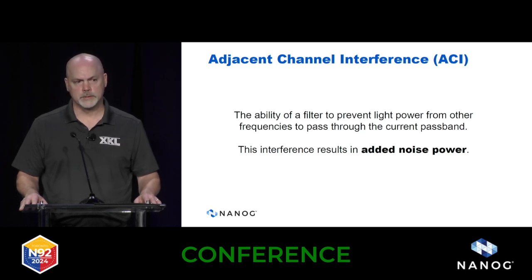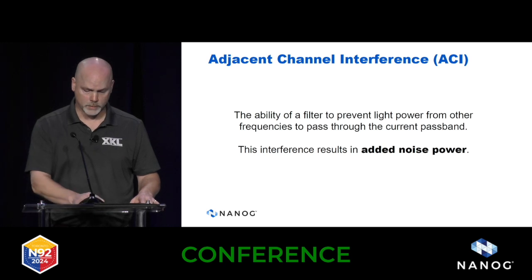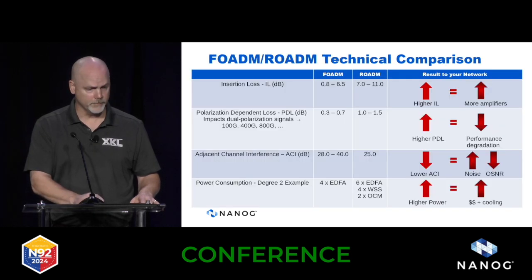So whether it's the manufacturing technique used, like an AWG filter, the bonding of the fibers to the chip causes those fibers to be very close to each other, and you have light spillover from one channel to the other. And that's a manufacturing flaw, not necessarily a problem with the chip itself. But that's a good example of technology that is going to cause you a lot of grief in your network with added noise.